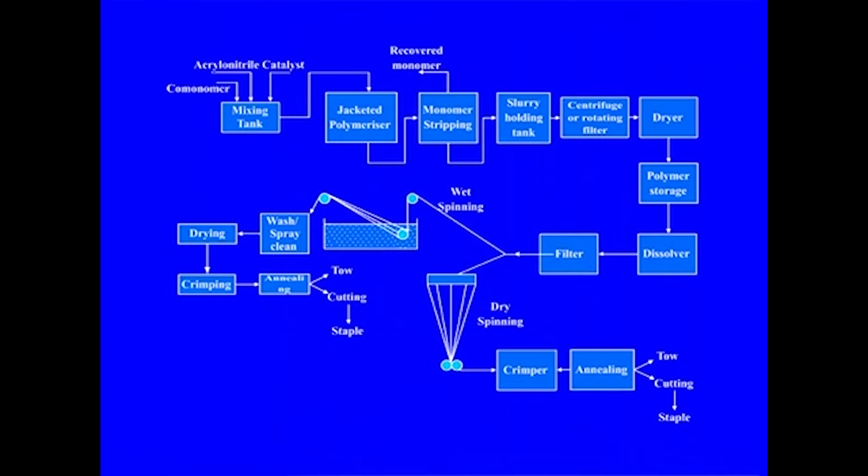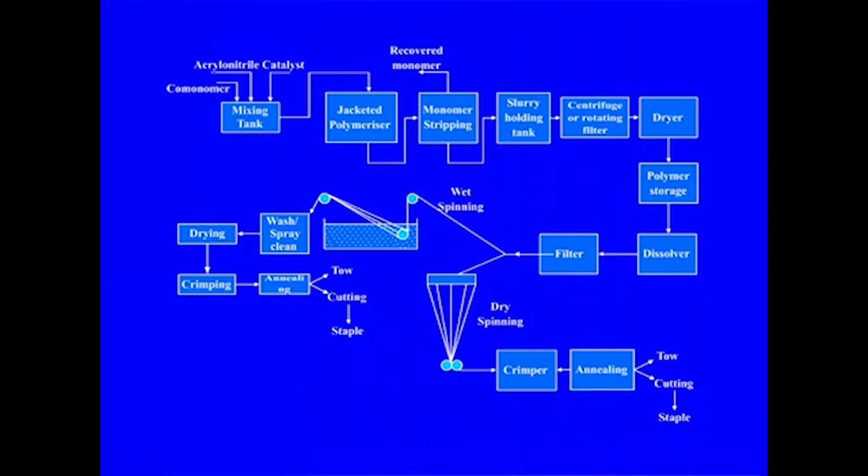This is the process in the case of the preparation of the acrylonitrile tow, or the cutting to staple fiber for the acrylonitrile. So, there is a mixing tank where you add the acrylonitrile and catalyst, and if you are using a comonomer, then the comonomer will also be there.